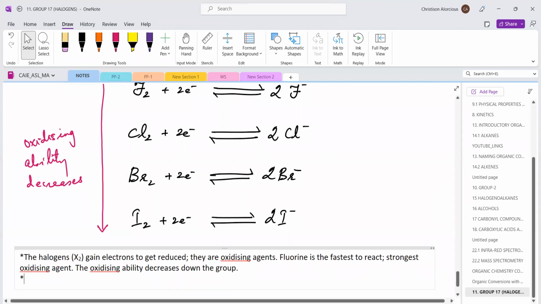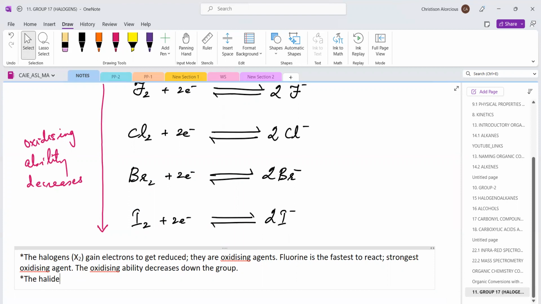Now, if you look at the halides in the reverse reaction, that is what you need to understand. What I'm talking about here in the case of the halides is the reverse reaction, the backward reaction. The halides lose electrons to get oxidized, which means they are reducing agents.